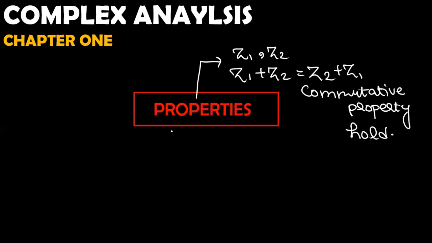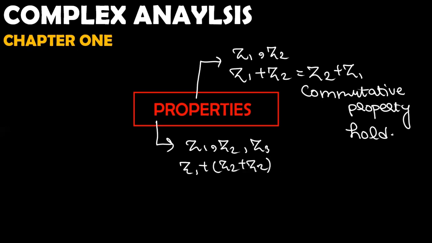If you give me three complex numbers Z1, Z2 and Z3, then if I add Z1 plus Z2 and then Z3, or Z1 plus Z2 plus Z3 grouped differently, I get the same result in both cases. It means the associative property holds.